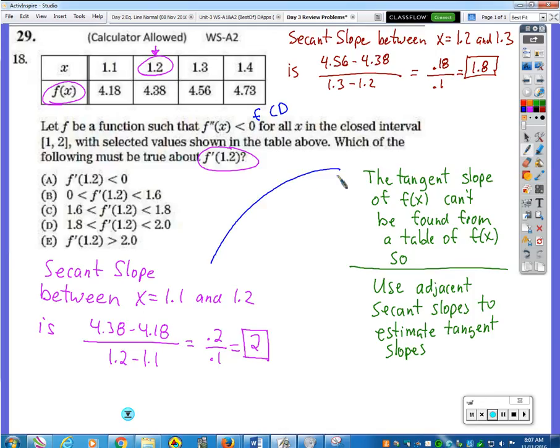This is my picture of f. Here are the points. So this is 1.2, 4.38. This one is 1.3, 4.56.